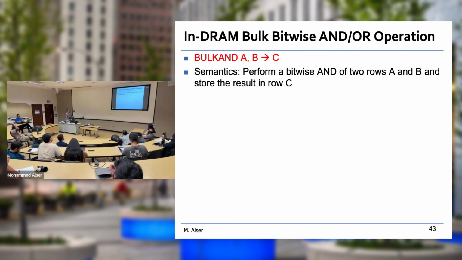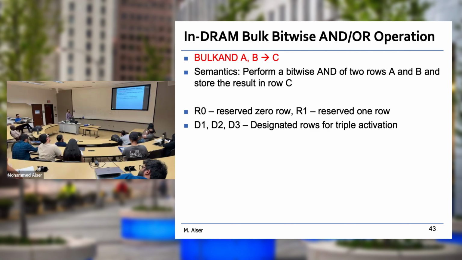What they need to do is perform a bitwise AND operation of 2 rows, A and B, and store the result in a row C. So for activating the AND operation, we said we have to use zeros for the third operand in order to activate the AND operation and disable the OR operation. That's why we have to fill a row with all zeros.